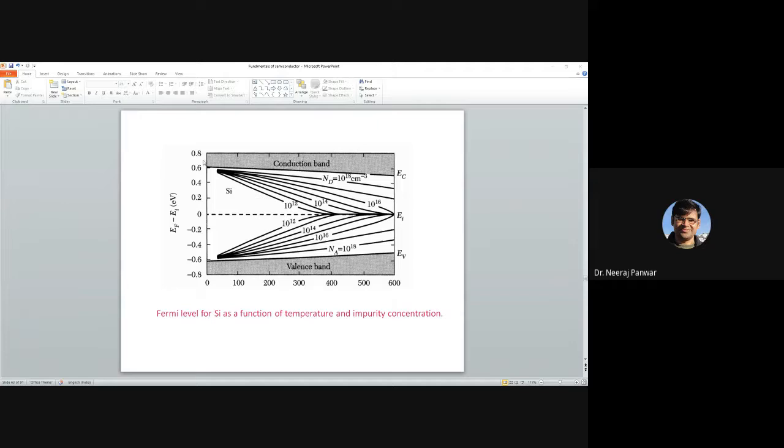Then we discussed the variation of Fermi energy with respect to temperature and the donor or acceptor concentration.